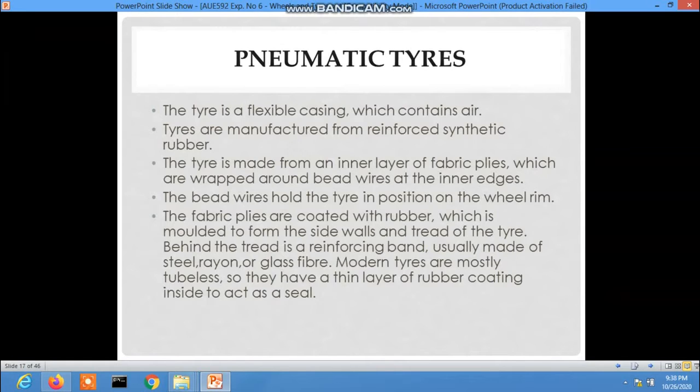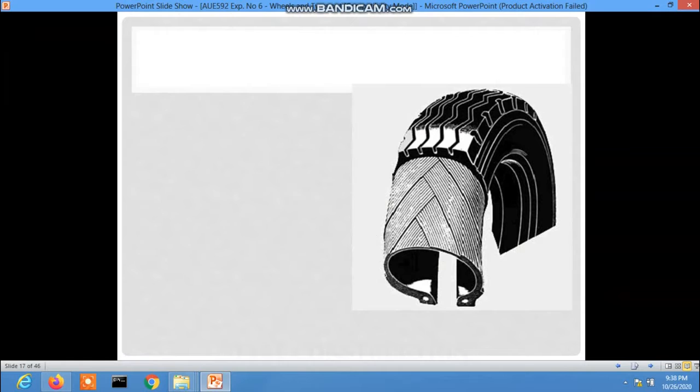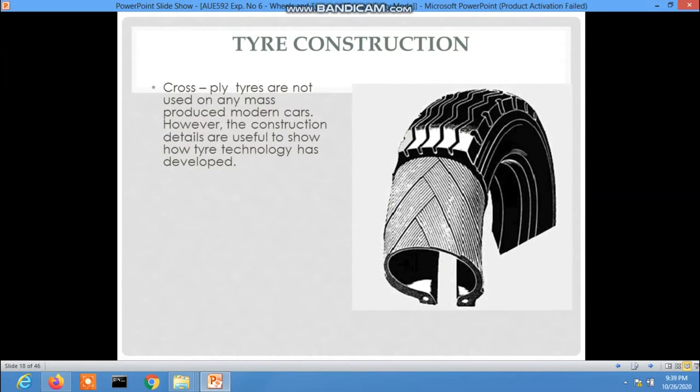Now tire construction. Cross ply tire. The cross ply tire is not used in any mass production of modern cars. However, the construction details are useful to show how tire technology has developed.